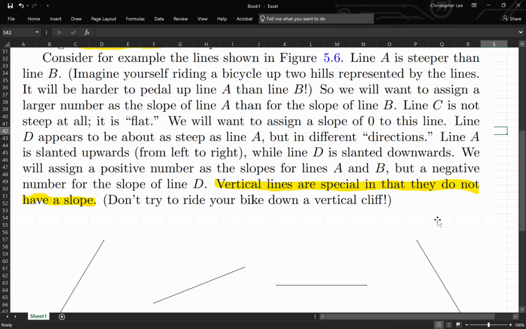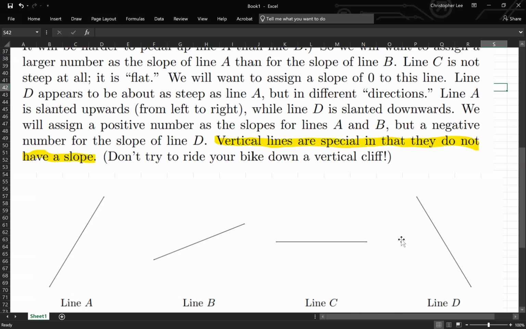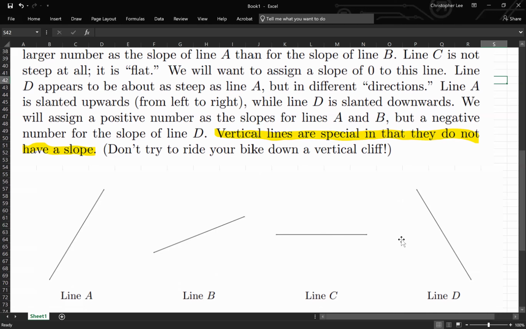Line D appears to be about as steep as line A, but in a different direction, right? So remember, we read this from left to right the same way that we read a book. While D is slanted downwards, we will assign a positive number as the slopes for line A and B, but a negative number for the slope of line D. Vertical lines are special in that they do not have a slope.